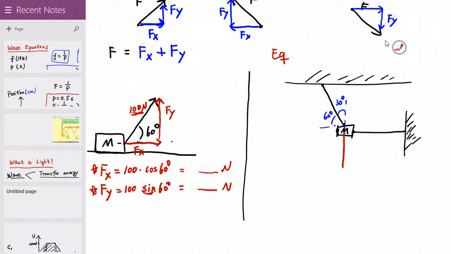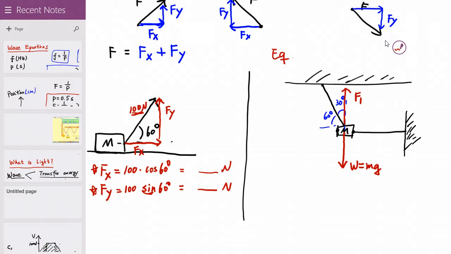So what's happening is I will have a net force. Well, sorry, not net force, a weight force going down, which is mass times gravity. Now, in order to keep this mass stationary, I should have a force acting upwards in the opposite direction. Let's name it F1.